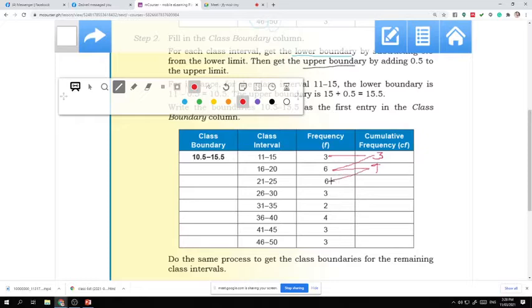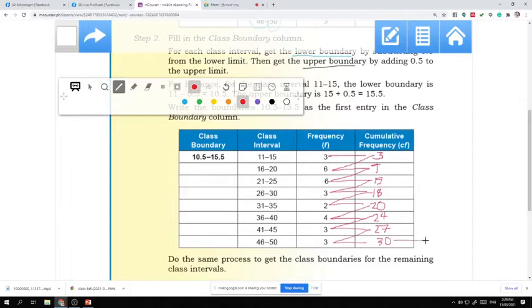9 plus 6, 15. 15 plus 3, 18. 18 plus 2, you write it here, 20. 20 plus 4, okay, 24. 24 plus 3, 27. 27 plus 3.